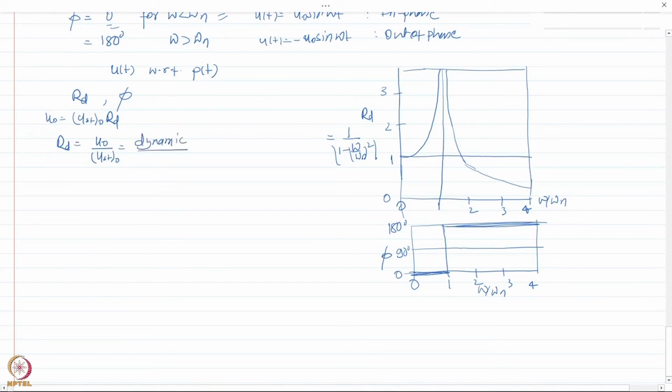If the force had been applied statically, whatever the amplitude of that is, let us say P naught by K, and if the system had mass and the force is being applied, the ratio of the dynamic displacement that you get to the static one is defined as RD, and it is called the deformation response factor.